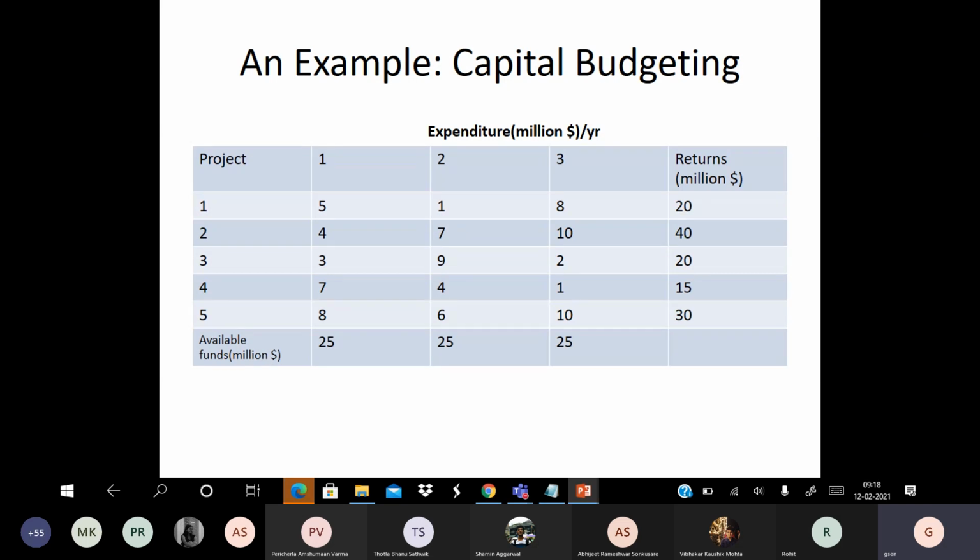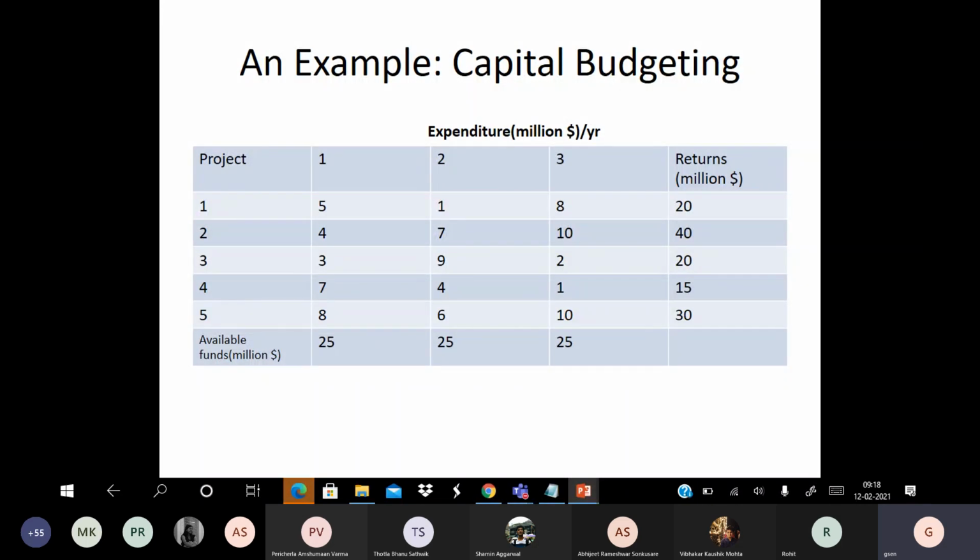Each project spans 3 years, and the cost for each year is given. Then the expected returns: if you successfully complete project 1, you are expected to get a return of $20 million. Expected returns are also given in $1 million in the right hand side column.